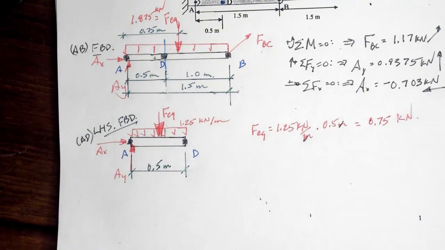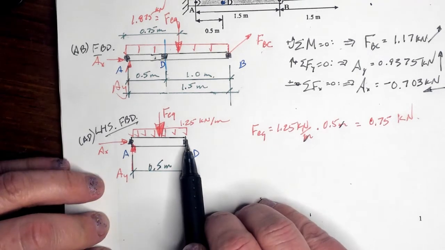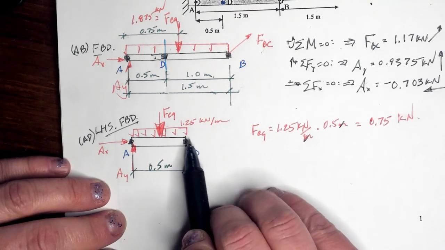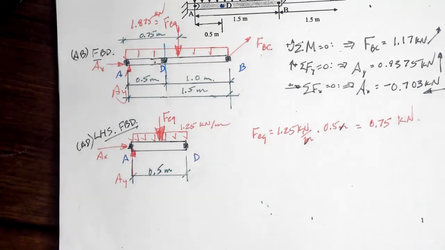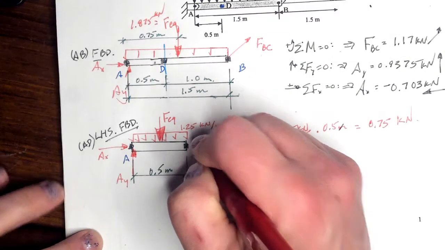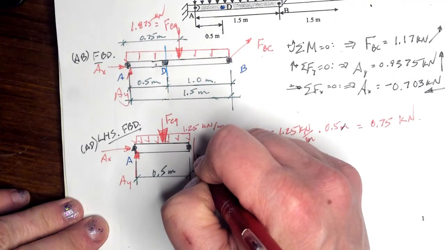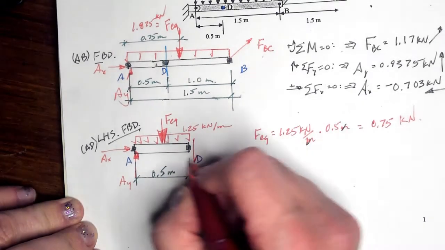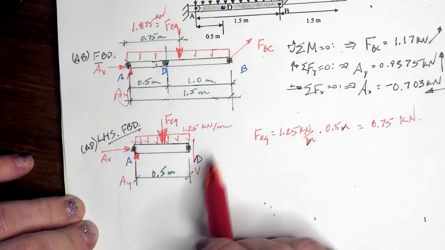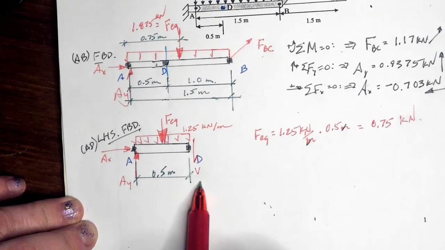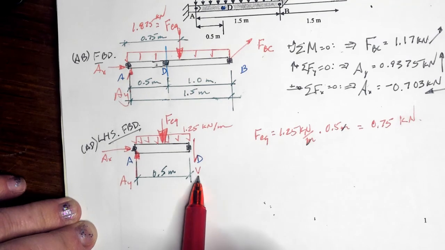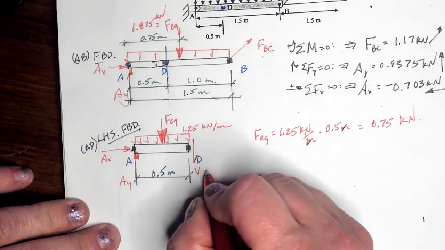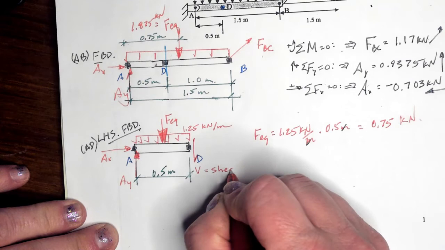Okay, that's not the only thing we need to do though, because when we cut this open, there are forces and stresses going on inside the member that will keep this in equilibrium. They're going to act like an external force. So what happens is we have a shear force that goes in the plane of the cross section. I'm going to draw it like this, pointed down as our positive notation, and call it V, where V is a shear force.